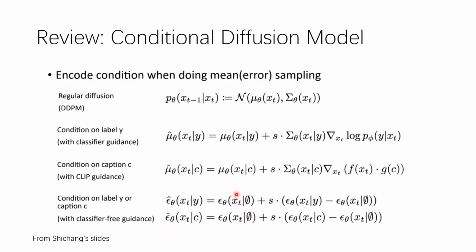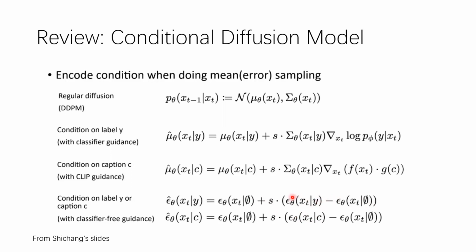Epsilon is the step you take to do the sampling. When this is the empty set, it means you don't have any conditioning samples. And when it has Y or C, it means you have these conditioning samples. So when you take this one minus this one, you have two directions.